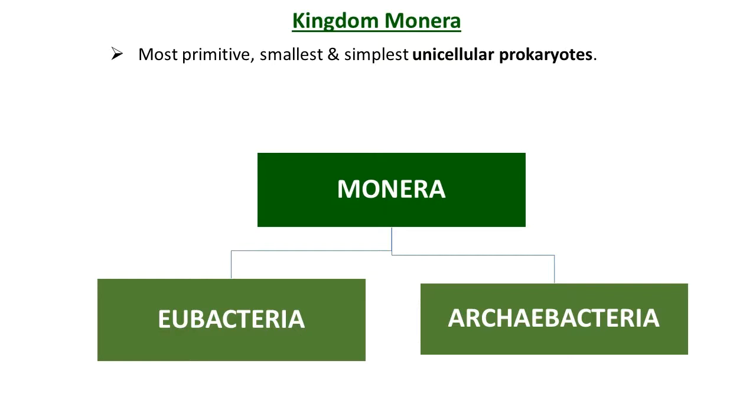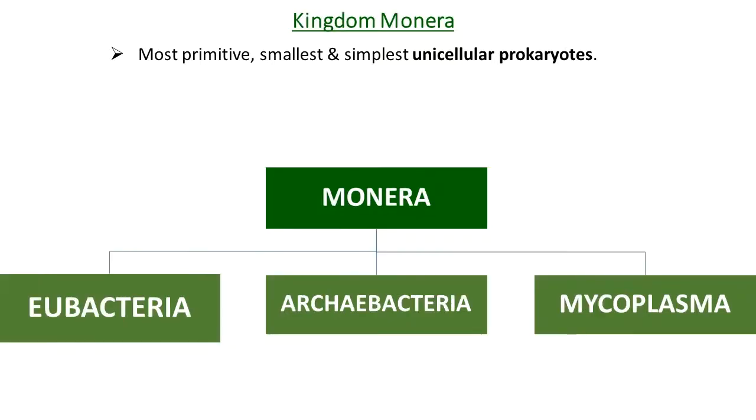But in addition to the eubacteria and archaebacteria, many other small groups are associated with this kingdom Monera. Only one group is mentioned in your NCERT, the small group of the kingdom Monera called mycoplasma.